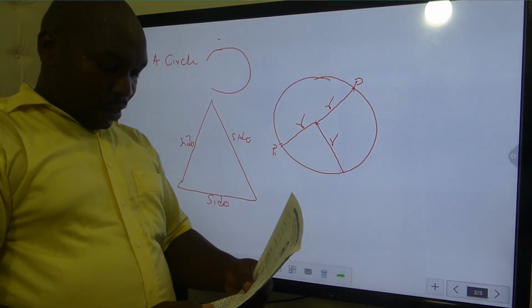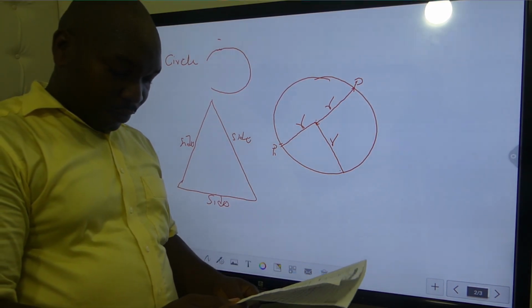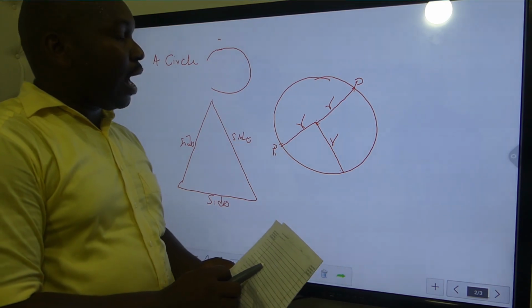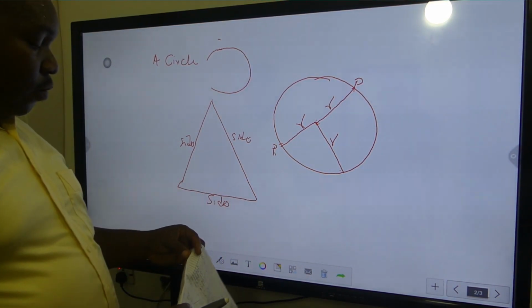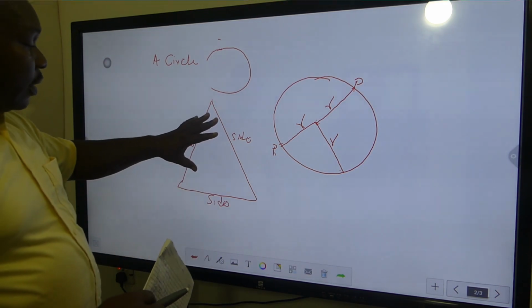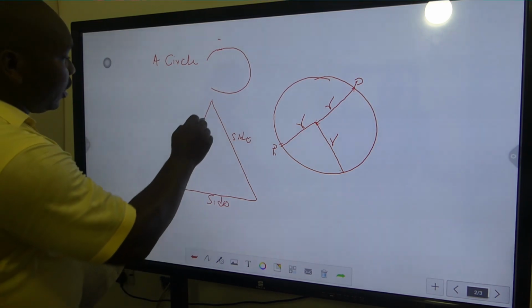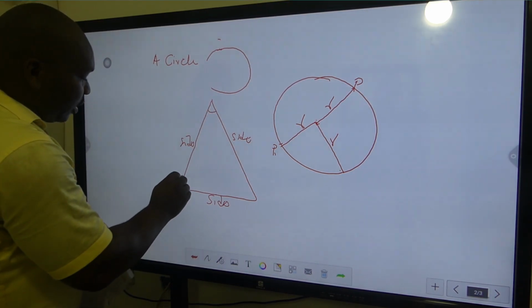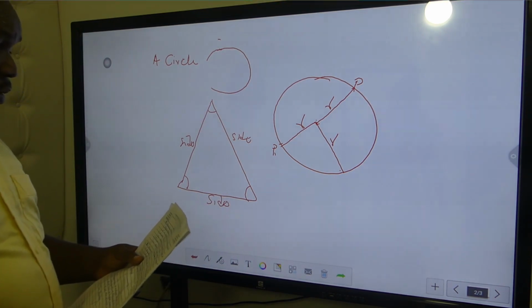There are different ways of classifying triangles according to their sides or angles. So this is an angle, this is an angle, this is an angle.